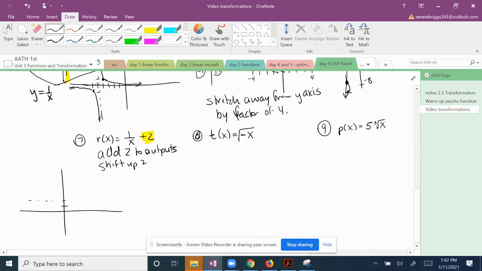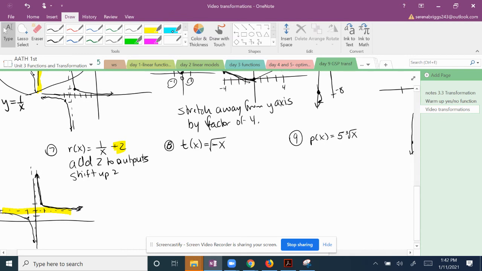So from my parent graph, I take the x-axis up 2. The guideline that is vertical doesn't change at all because I'm not shifting that right or left. And then on that little new coordinate system, I'm going to go up 1 over 1 and left 1, down 1 for my key points and sketch my 1 over x graph. I'm using it as a guideline. So I'm shifting that guideline, or asymptote, up 2.